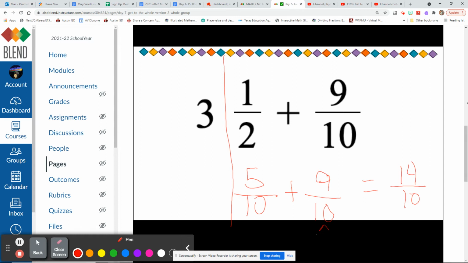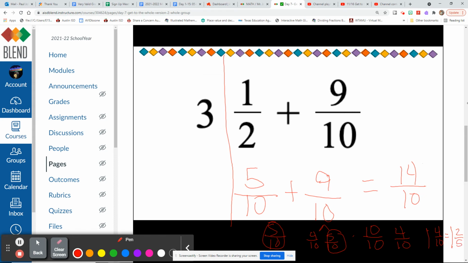If I split 9/10 into 4/10 and 5/10, I could combine the 2 sets of 5/10, and that would give me 1 whole, because 5/10 plus 5/10 is 10/10, and then I still have 4/10 left over. So that's the same thing as saying 1 whole and 4/10. Of course, we should simplify 4/10 because both of these are even. We can divide by 2. So our real answer is 1 and 2/5.